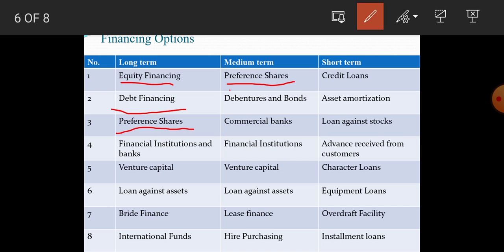Here in medium term also debentures and bonds are mentioned. So there are debentures and bonds. The next financing option is venture capital.